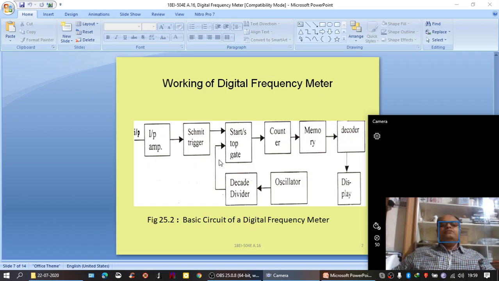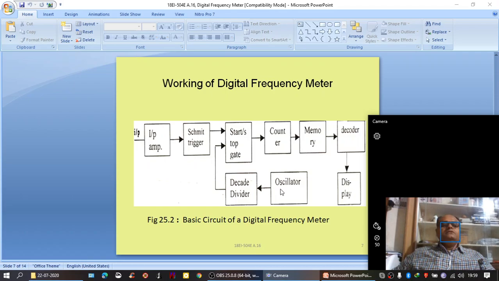Now, what is the second input to the start stop gate? The second input is given from an oscillator. The output of the oscillator, say 1 megahertz frequency, is converted into the appropriate frequency by using a decade divider. The 1 megahertz signal can be transmitted as it is. In that case, the gating pulse width would be 1 microsecond.